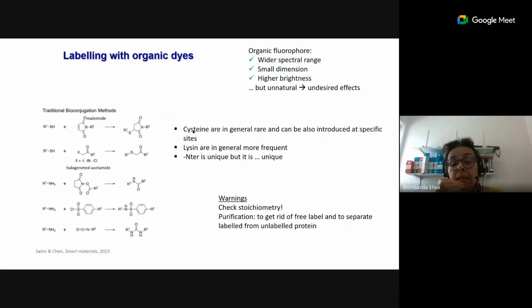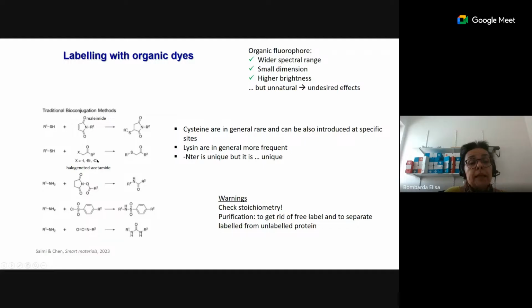And in case it is not there, it can be introduced at one specific site, and this cysteine is a natural amino acid.